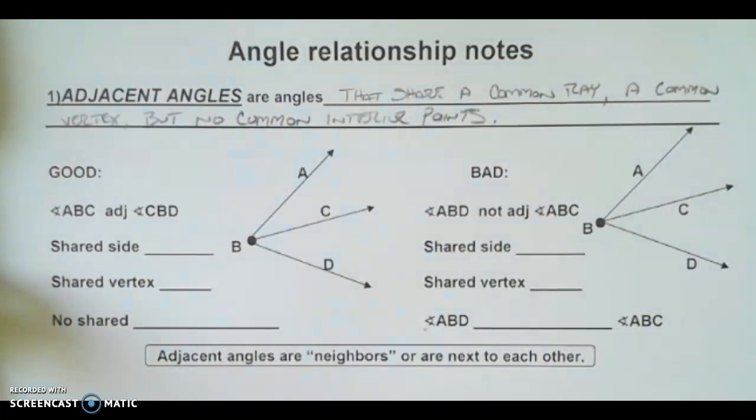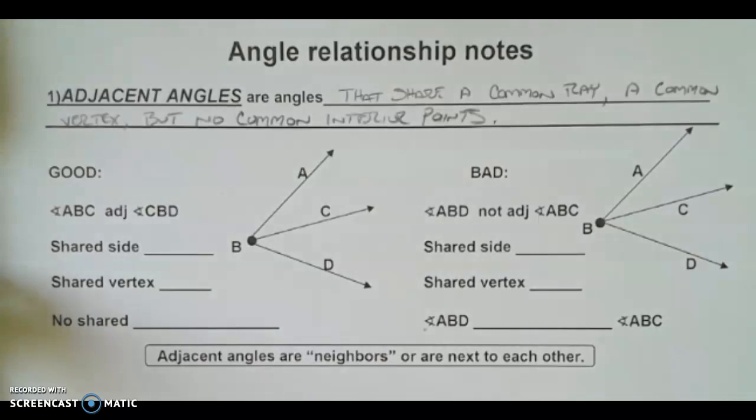Adjacent angles are angles that share a common ray and a common vertex, but they do not share any common interior points. And so we're going to look at an example of angles that are adjacent and compare that to angles that are not adjacent so you can see those different qualities.